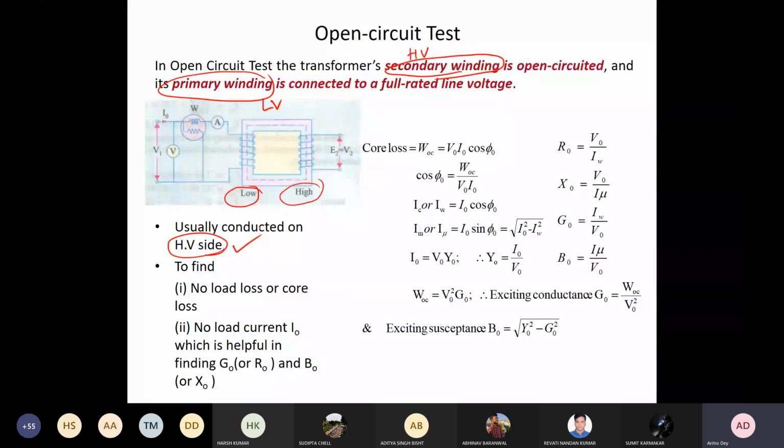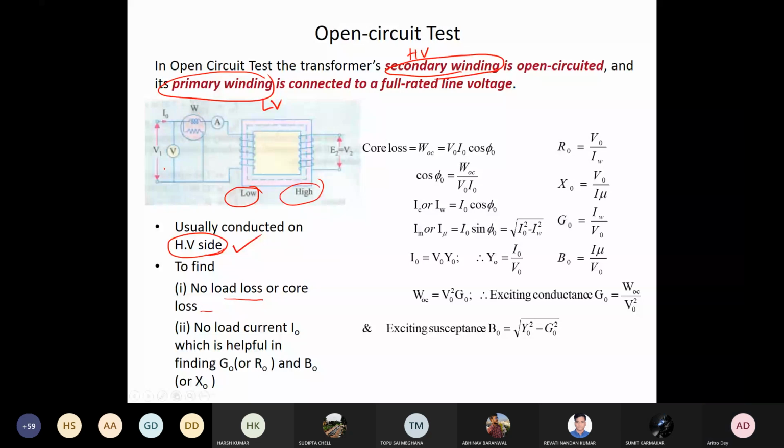To find what we are finding out: the no load loss or the core loss and the no load current, which is helpful to find out your G0, R0 and X0. So how can we get it? What is your core loss? It is equal to what you are measuring from here, which is your wattmeter reading, your voltmeter reading, and your ammeter reading.